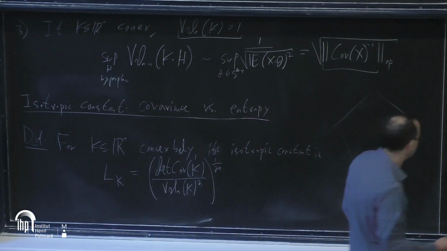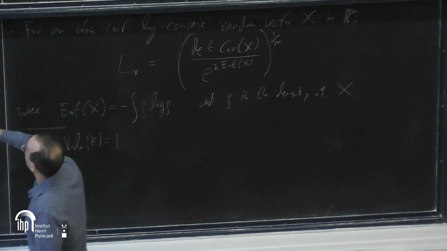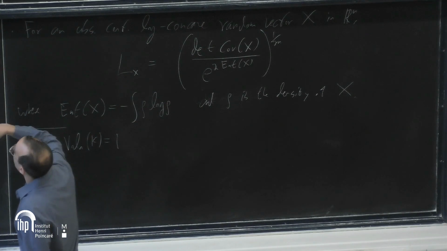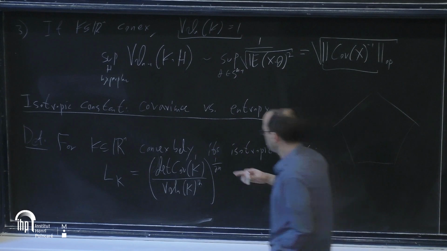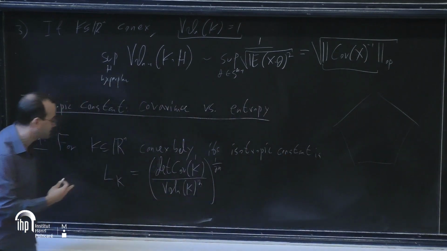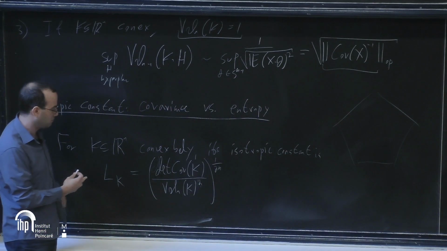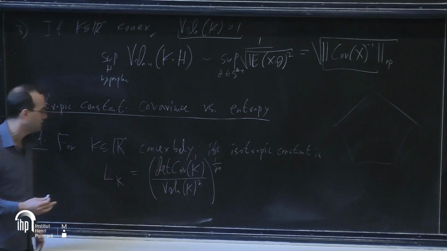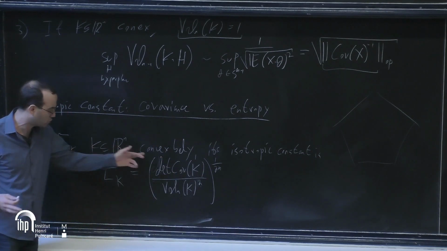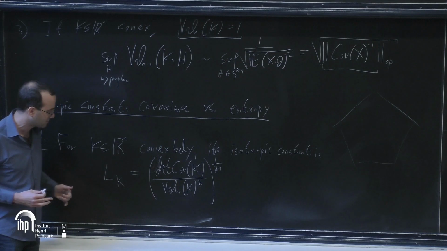So what you get is that the minimal eigenvalue must be at most the geometric average of the eigenvalues of this matrix.